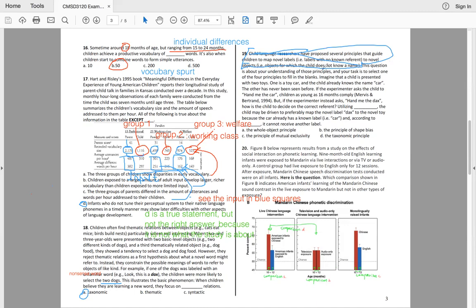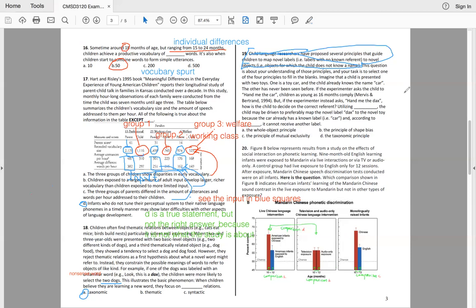This question is about your understanding of those principles. So we're talking about the linguistic principles, such as the whole object principle, the mutual exclusivity principle, the taxonomic principle that we talked about in question 18, and also the shape bias.